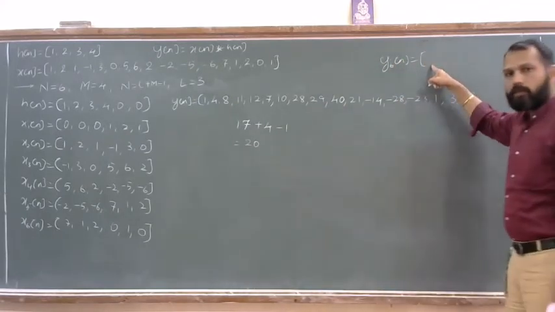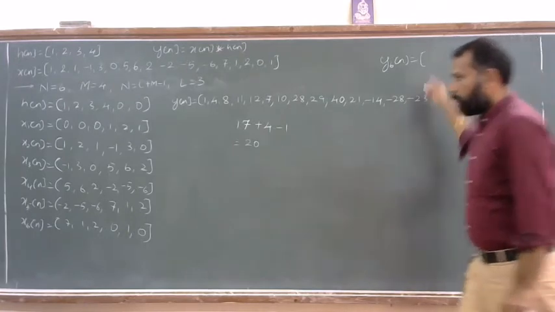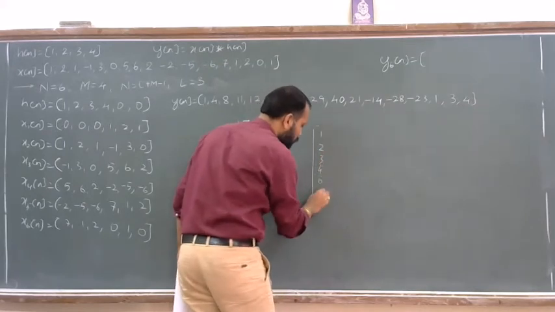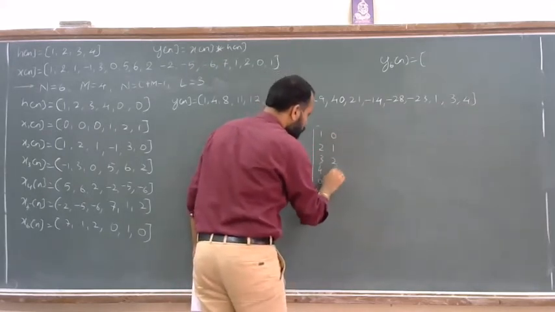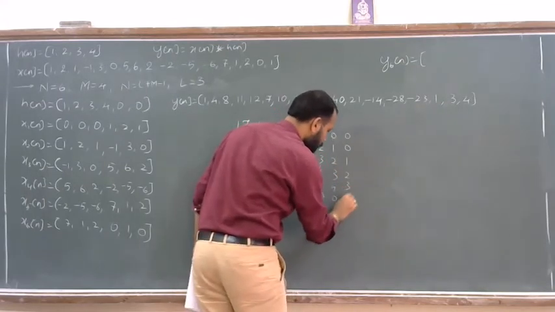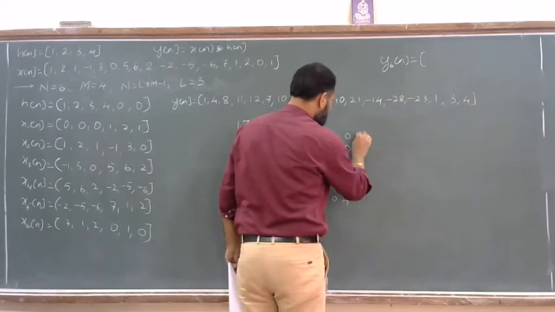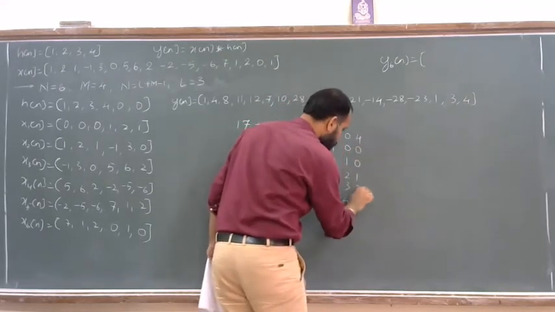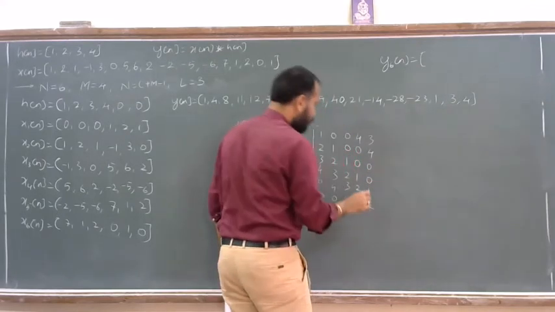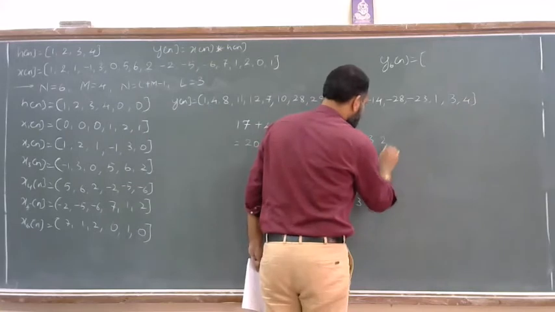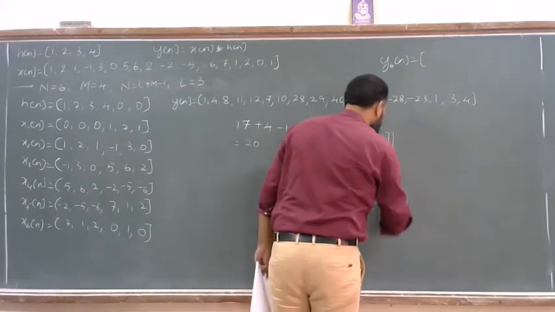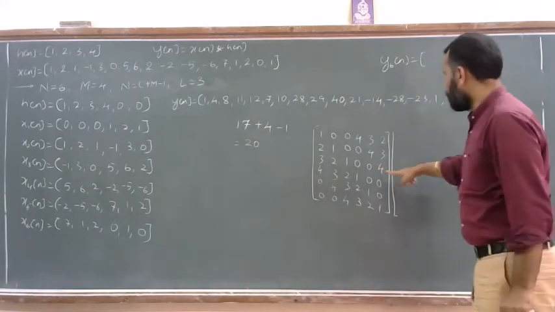The N cross N matrix of the impulse response has rows 1, 2, 3, 4, 0, 0, 0 and so on, shifted cyclically.